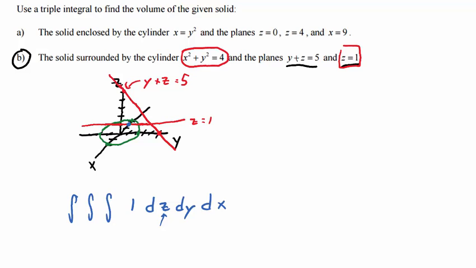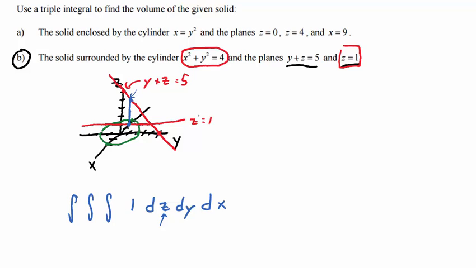And the ceiling or roof would be given by any point on the line y plus z equals 5, or in space on the plane y plus z equals 5. And so the bottom of this vertical line segment gives me my lower inner limit of integration, and the top of it gives me my upper.